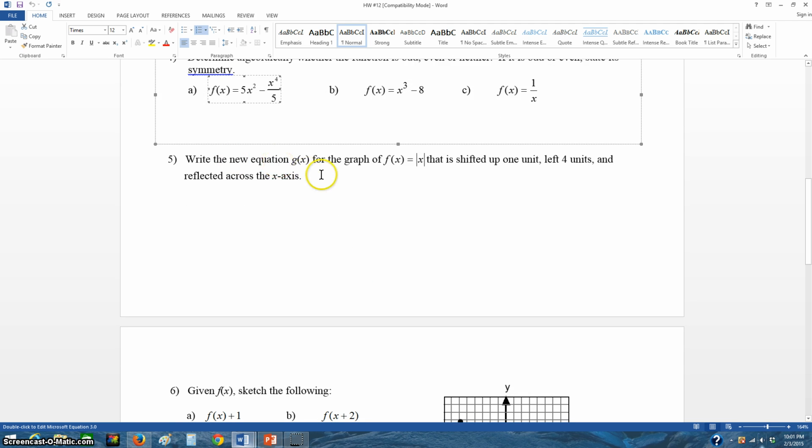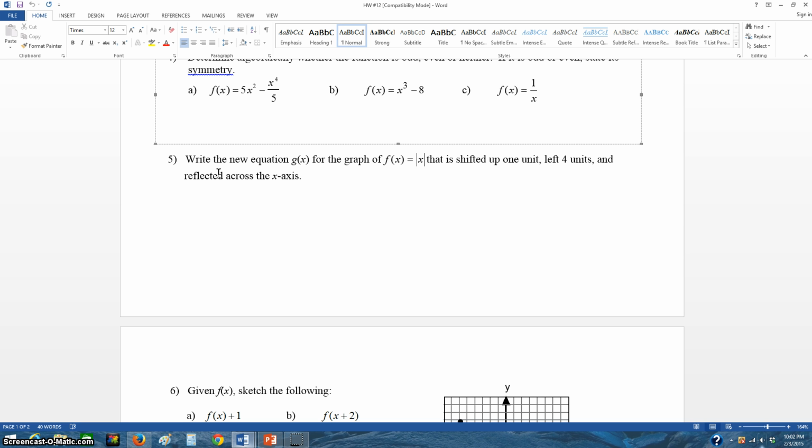Okay, so then we have this next one. Write the new equation, g of x, for the graphs. F of x equals the absolute value of x. So this is your parent function that is shifted up 1 unit, left 4 units, and reflected across the x-axis. You should be able to do this one. Now, this is what I was referring to. Now I'm giving you the transformations, and you should be able to show me graphically what's going on. First of all, you always want to start off with your parent function.